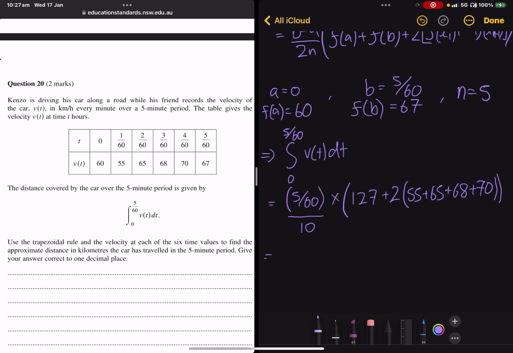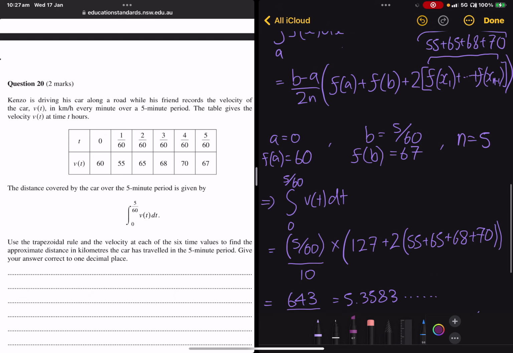Once we put this in the calculator, this gives us 643 over 120. The question tells us to give the answer correct to one decimal place. 643 on 120 is equal to 5.3583..., so this is 5.4 to one decimal place. And this is the answer that we're after here.